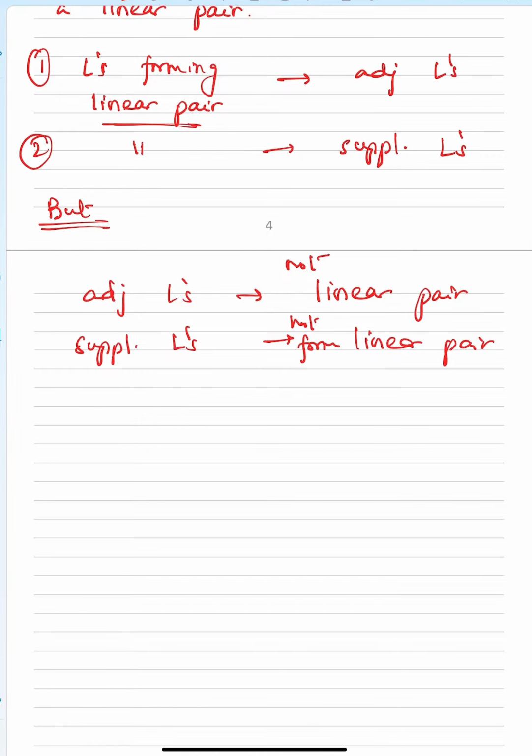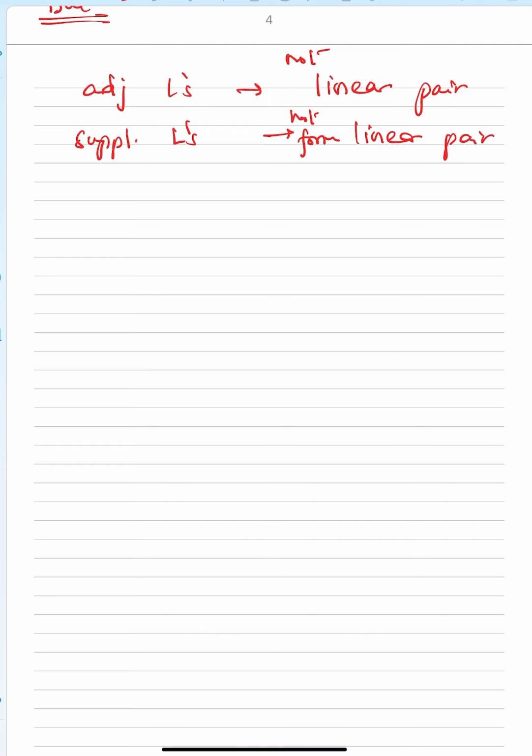Okay, so now suppose we have one example. One angle is say 27 degrees and the other is 163 degrees. Which of the following pair of angles form a linear pair when both the angles are placed side by side?